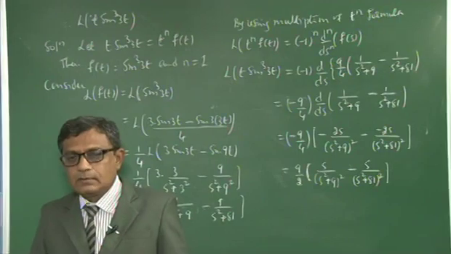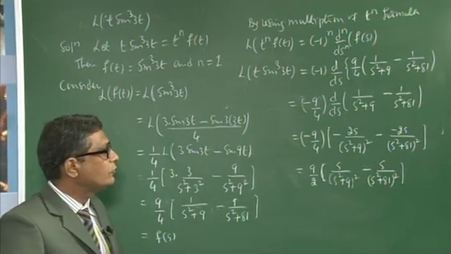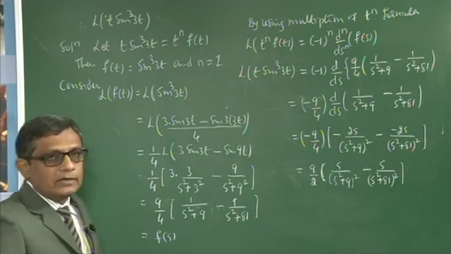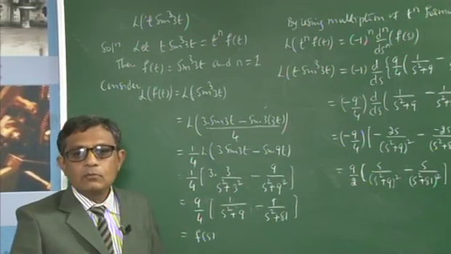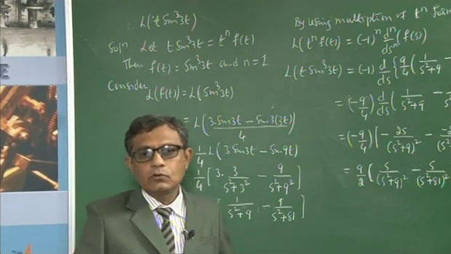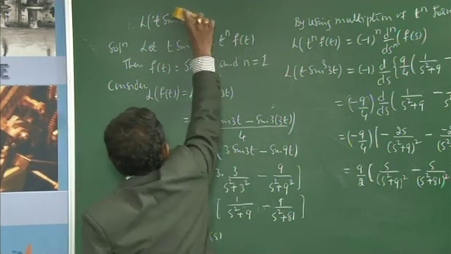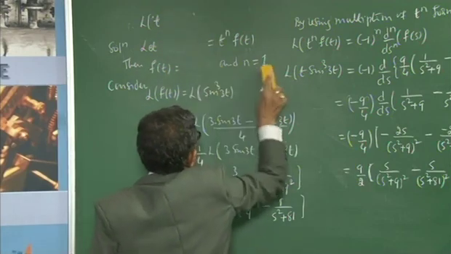Now this is your second example by using the multiplication of t raised to n. Now the third example. Now the third example is once again by using the trigonometric function, t into cos 4t cos 3t formula.